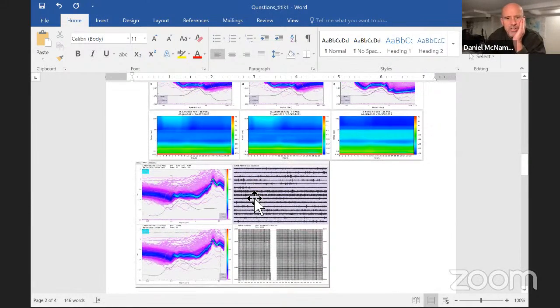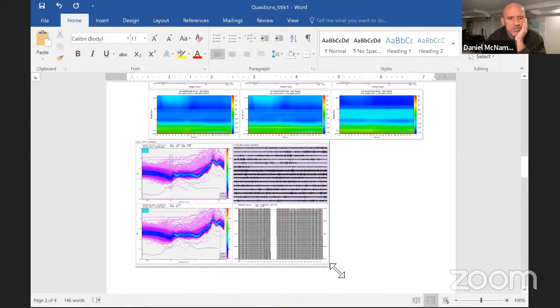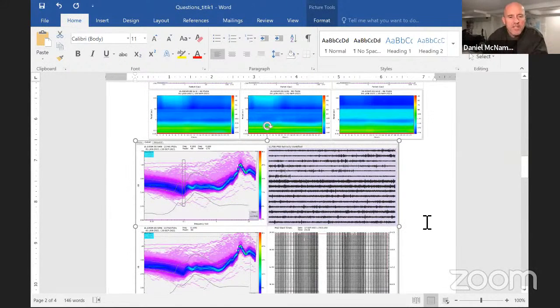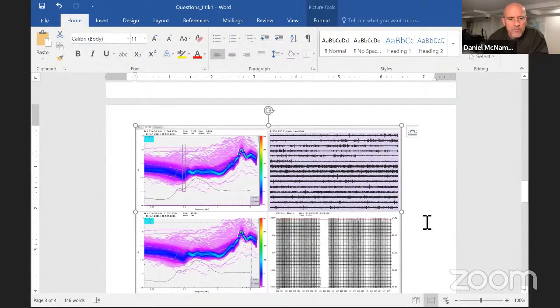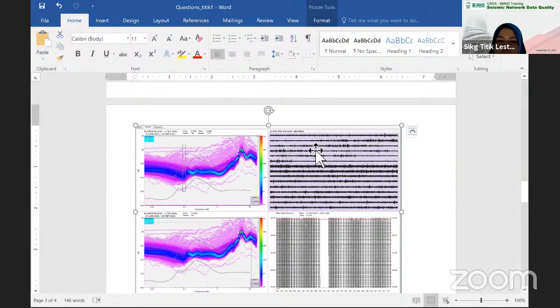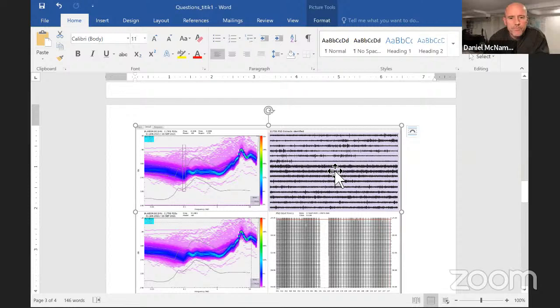This looks very similar: high noise at short periods. What were you asking me to explain? The spikes: why the spikes happen and what the solution is.